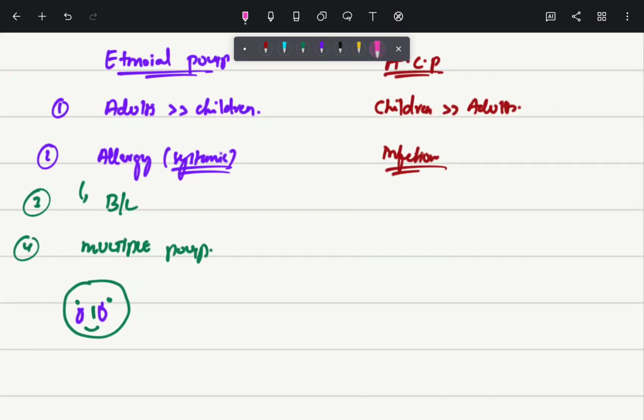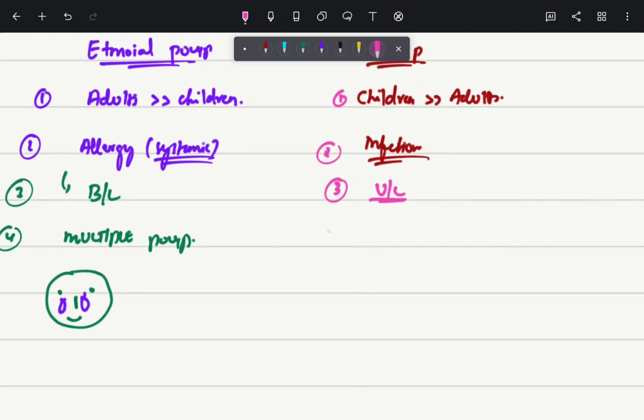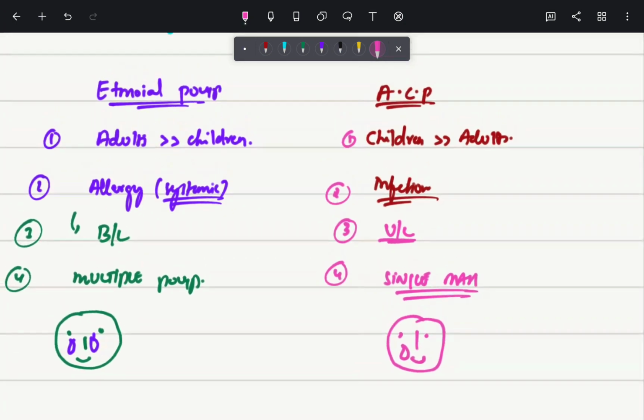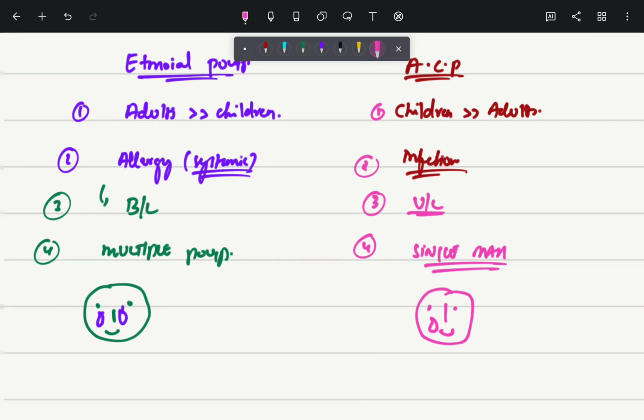Whereas in the case of antrochoanal polyp, these are unilateral. Since it is an infection, obviously it will be involving one side, and there will be a single mass. Okay, in infectious etiology, it is unilateral and it is a single mass. Okay, I hope you understand the differences between ethmoidal polyp and antrochoanal polyp.